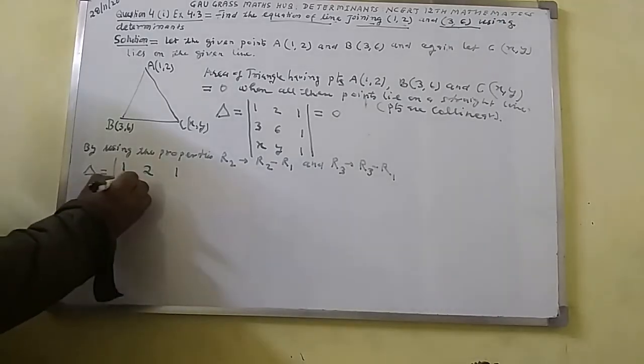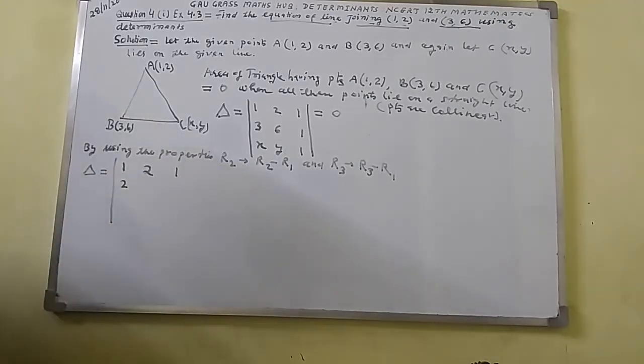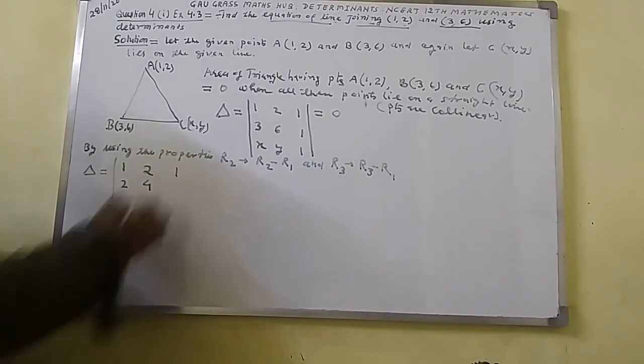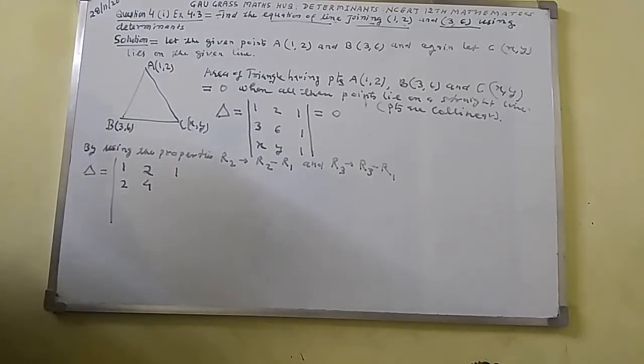The next element of R2 is 6, and the corresponding element in the first row is 2, so 6 minus 2 comes out to 4. The last element of R2 is 1, so 1 minus 1 comes out to 0.